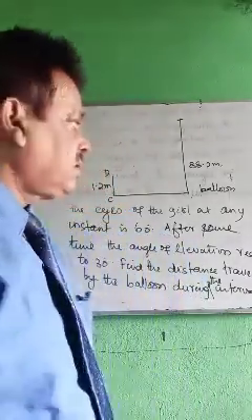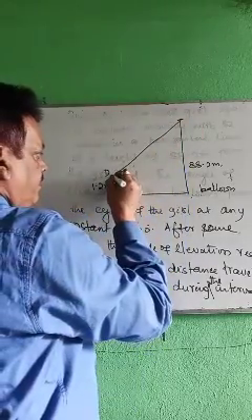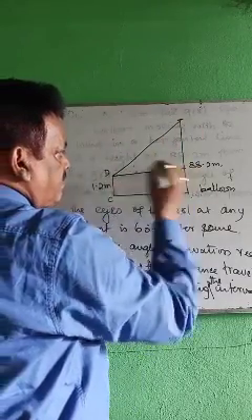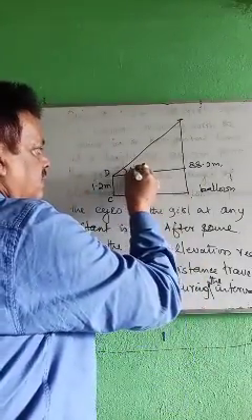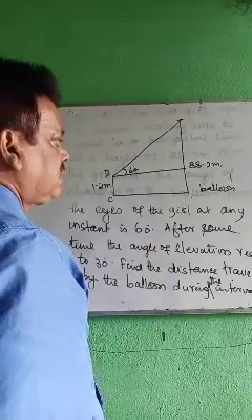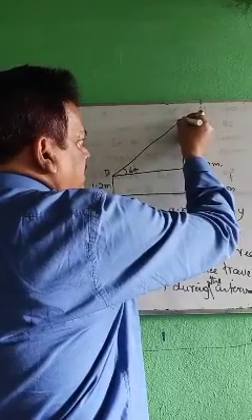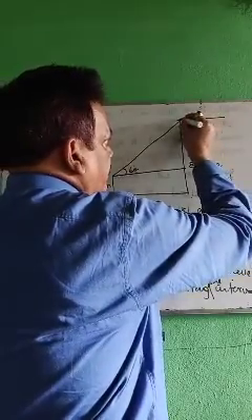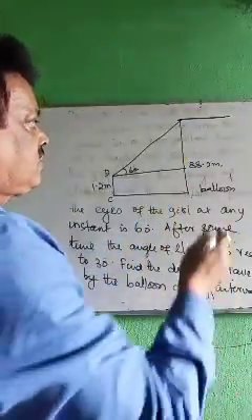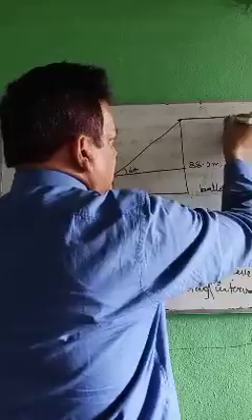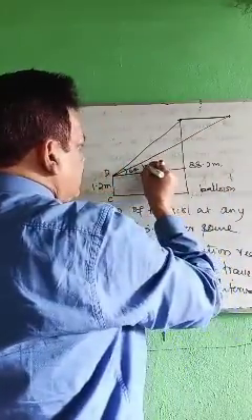The angle of elevation means you have to draw a horizontal line here. This is 60 degree. After some time the balloon has gone, suppose it was first here, then it has gone somewhere here because it is flying. It has gone a certain distance, then the angle of elevation becomes 30 degree.